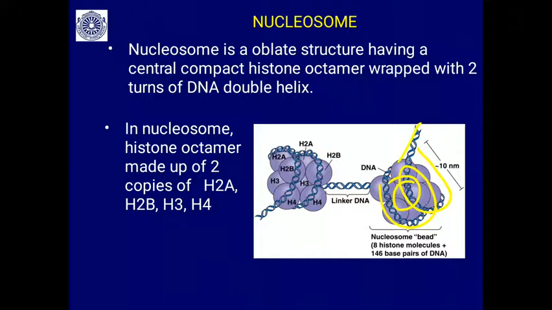The nucleosomes are linked by linker DNA. This is the wrapping of the DNA to the histone octamer. The histone octamer means 8 histone units, 2 copies each of H2A, H2B, H3 and H4.